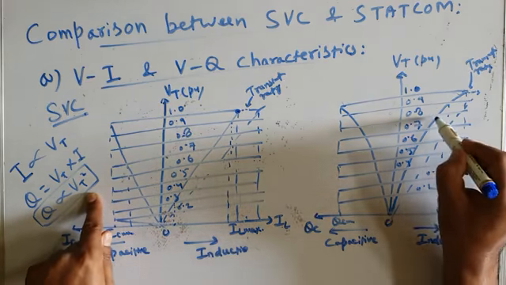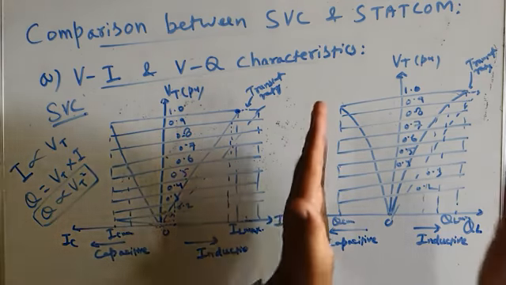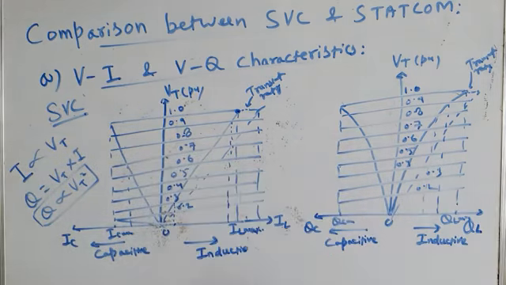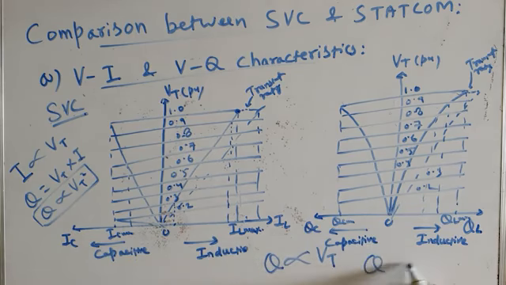So if you compare the VQ characteristics of STATCOM with the VQ characteristics of SVC, in case of STATCOM the reactive power is directly proportional to voltage. But in case of SVC, the reactive power is directly proportional to the square of voltage.